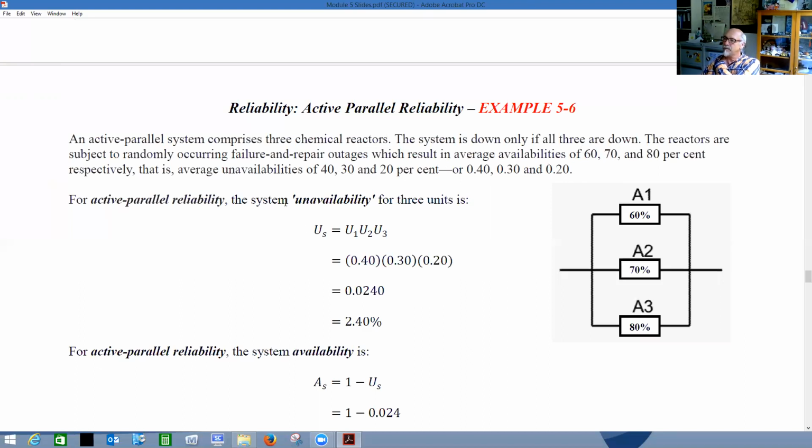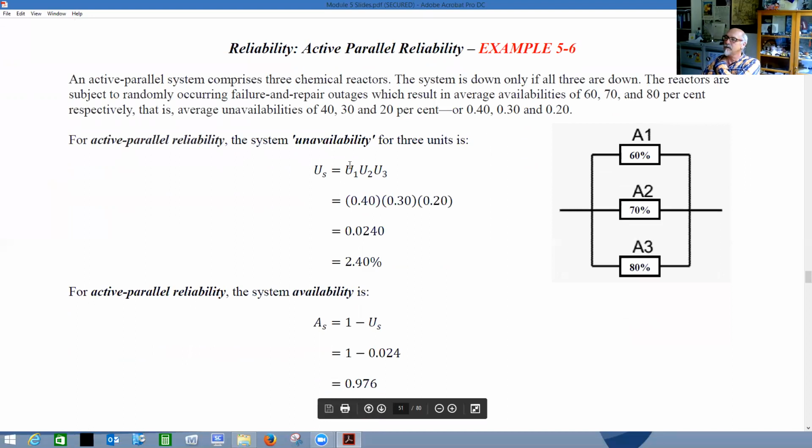So again, for the parallel, like we did with the series, we can find the unavailability and the availability. So in this case, for 3 units, US equals U1, the unavailability of unit 1, multiplied by the unavailability of unit 2, multiplied by the unavailability of unit 3, which is going to get 2.4%. And likewise, we can find the active parallel reliability in terms of its availability.